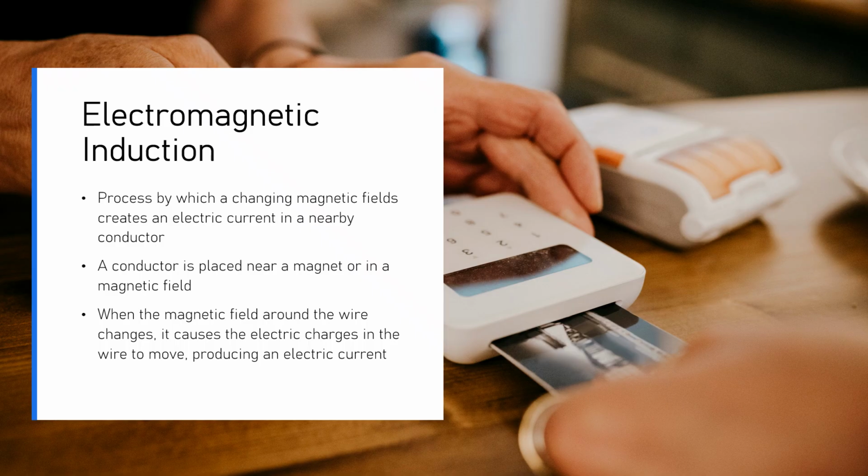So moving right along here, we're going to discuss electromagnetic induction. It can be defined as the process by which a changing magnetic field creates an electric current in a nearby conductor. The conductor would need to be placed near or within a magnetic field so that the field can alter the magnetic field of a wire, causing the electric charges in that conductor to move and then produce an electric current.